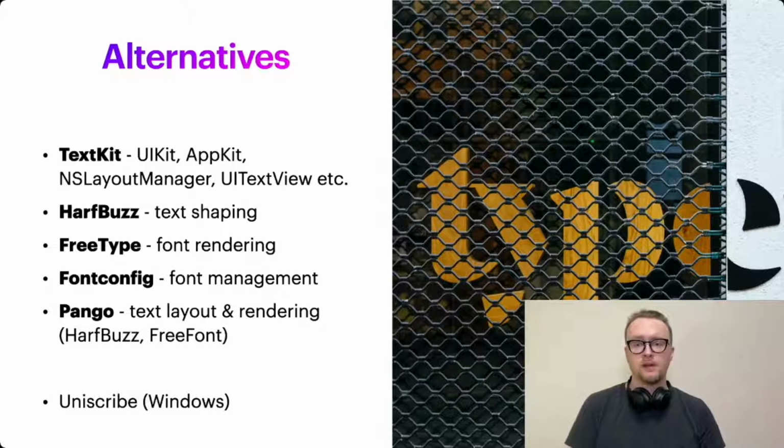What are the alternatives to CoreText? Well, obviously, there's TextKit that is part of the iOS and macOS SDK and system libraries. You may be most familiar with the TextKit components. Those come as UITextView, NSTextView, NSTextField, and so on, NSLayoutManager.